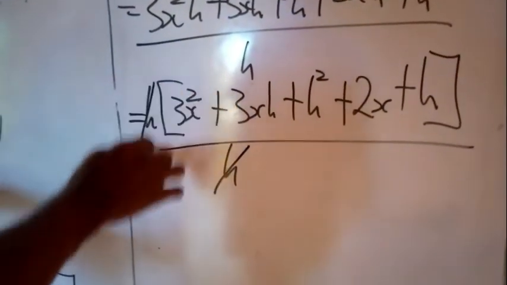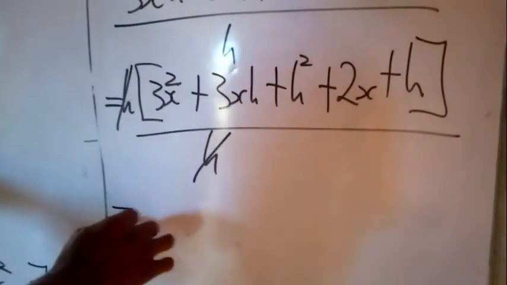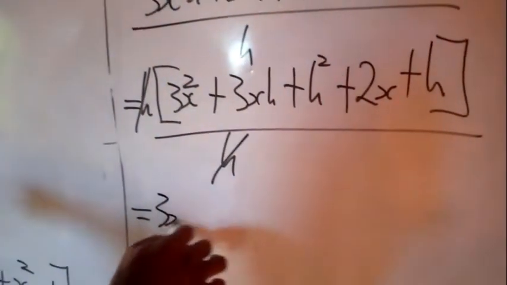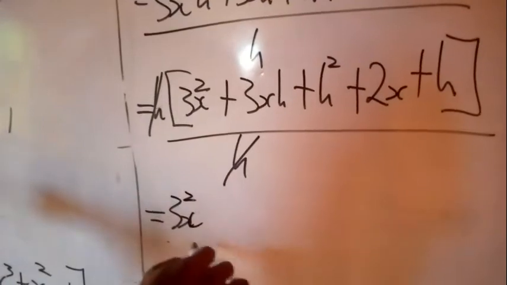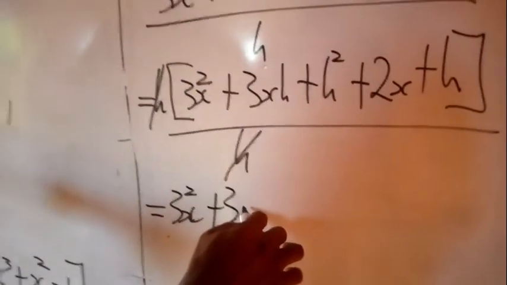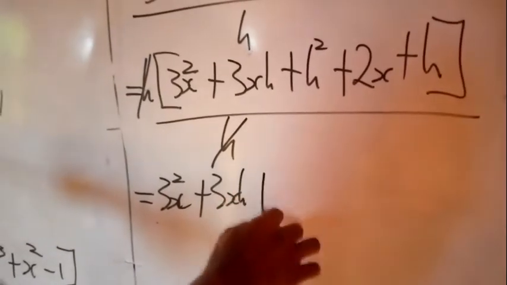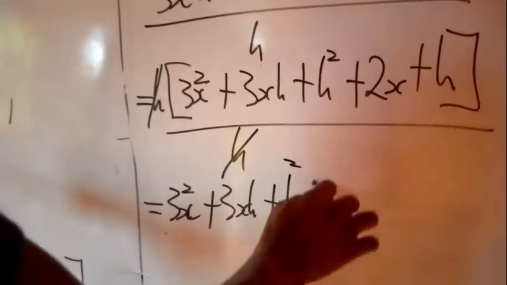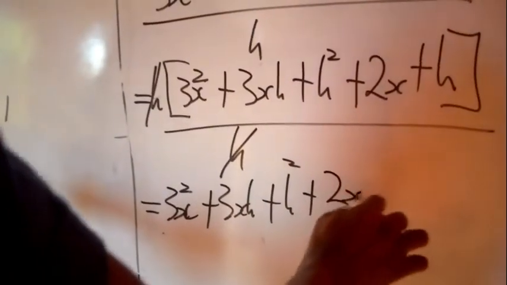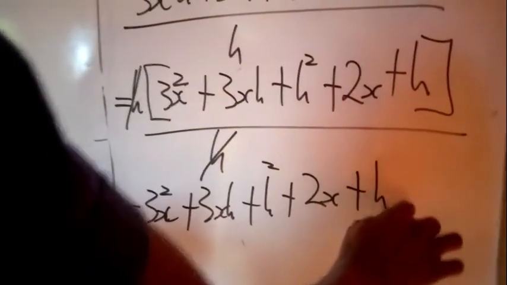We cancel h. What you have is 3x squared plus 3xh plus h squared plus 2x plus h.